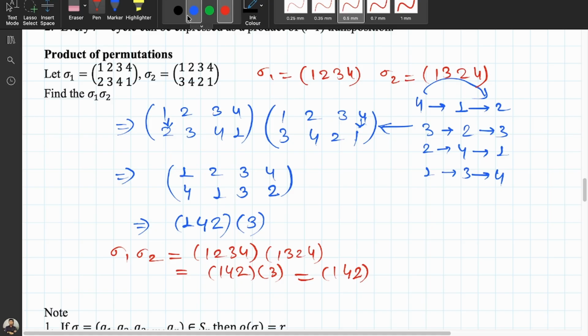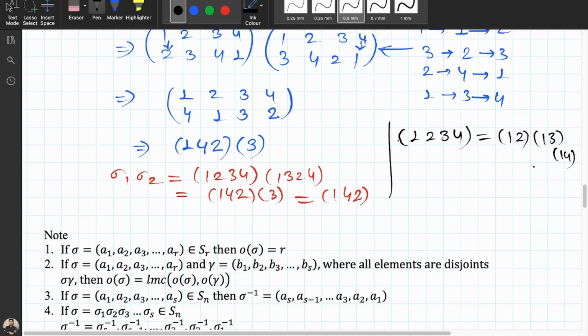Now I told you that if you have any permutation like this, we can express it in terms of transpositions 1 2, 1 3 and 1 4. What is the meaning of 1 2? In 1 2 3 4, 1 goes to 2, 2 goes to 1, and 3 4 stay. What is the meaning of 1 3? 1 goes to 3, 3 goes to 1, otherwise 2 goes to 2, 4 goes to 4.